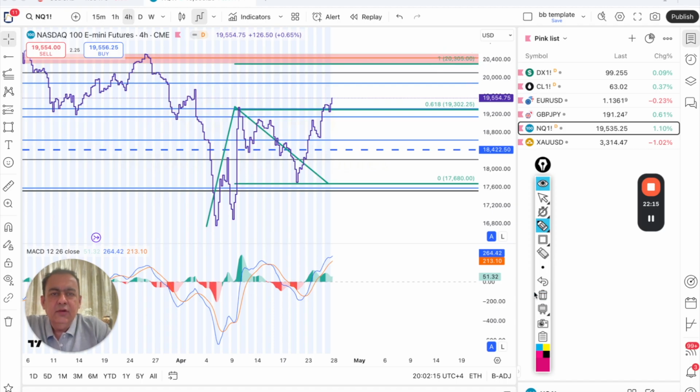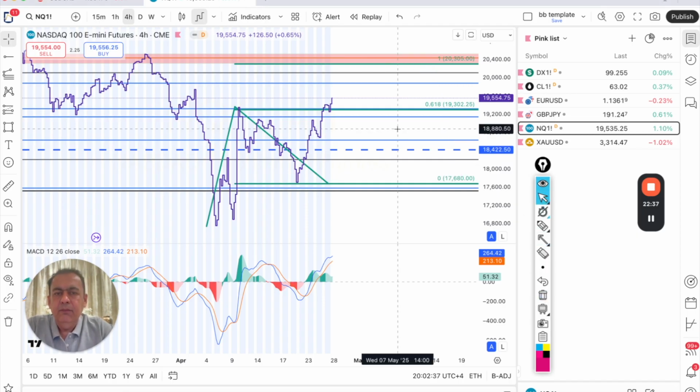So 20,300 to 20,400 could be the target for the short term if you want to get into a buy setup, or else I would validate again once NASDAQ reaches around 20,300 to 20,400, and this could trigger new bearish moves. So we need to wait. So the short-term plan is buy.